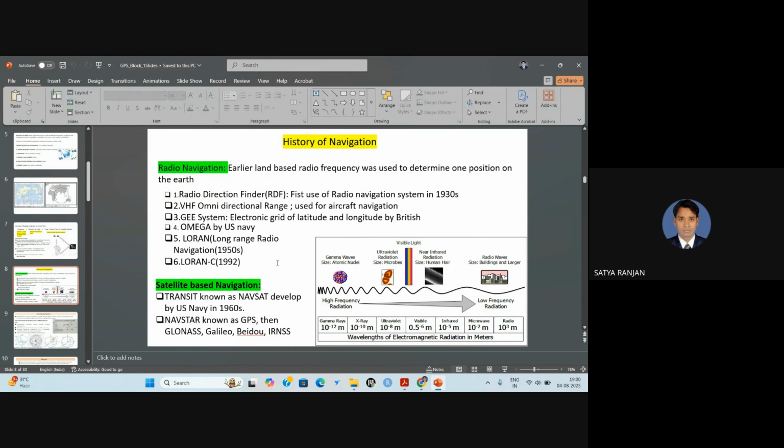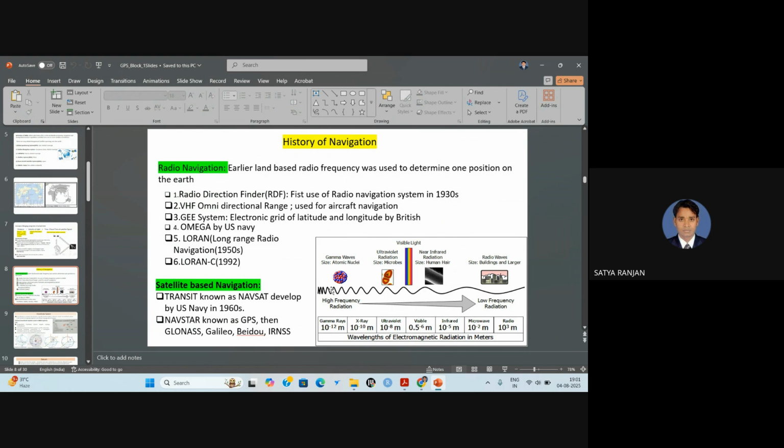History of navigation. There was no such satellite system in the 1950s, so a lot of radio signals were used. This is the radio frequency, from high frequency to low frequency, and the wavelength is larger up to the radio waves.